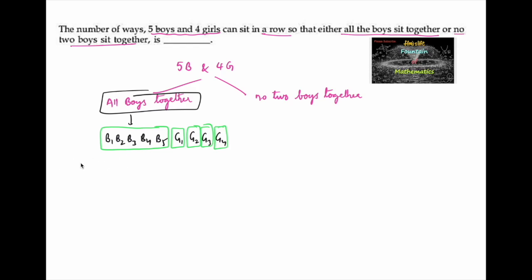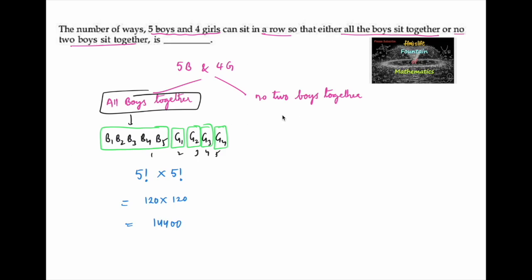So totally we can see that there are 1, 2, 3, 4, 5 boxes. So all these 5 boxes can be arranged in 5 factorial ways. And again, the boys in the first box can also be arranged internally inside the box in 5 factorial ways. So which is equal to 120 into 120, that is 14400.